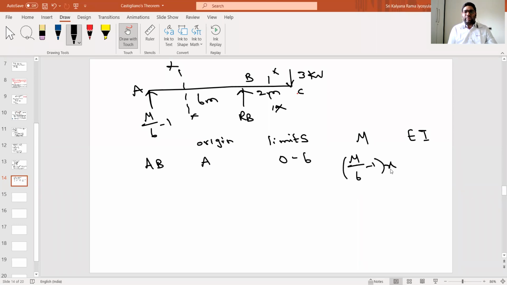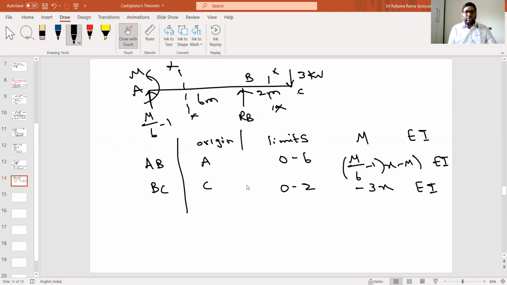M by 6 minus 1 into X. And what else do we have here? A dummy moment M. So minus M, and this is EI. And then we have BC, origin C, 0 to 2. This is a straightforward expression. What is that? Minus 3 into X. So this is also EI. So this is how we need to bifurcate.